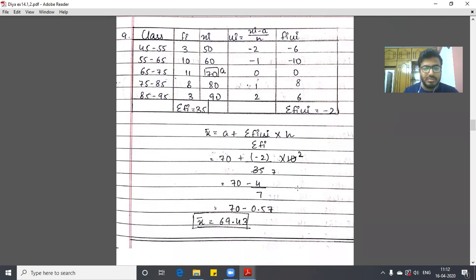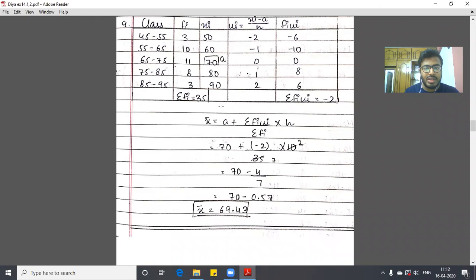The a value you have taken as 70, and sigma fi ui you calculated, you got -2. Remember, add the minus values together first, then add the plus values together, and then subtract. Then sigma fi is 35, and the h value, 45 to 55, there is a difference of 10, so h is taken as 10. So 70 minus 4 upon 7, then 70 minus 0.57, that is x bar is equal to 69.43.